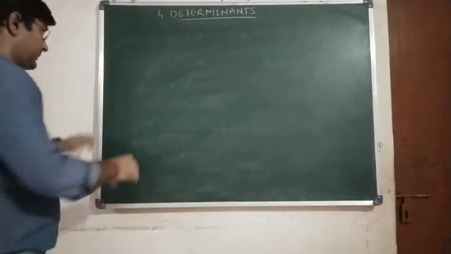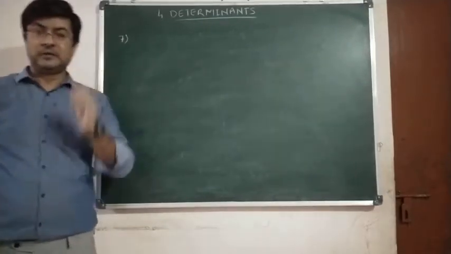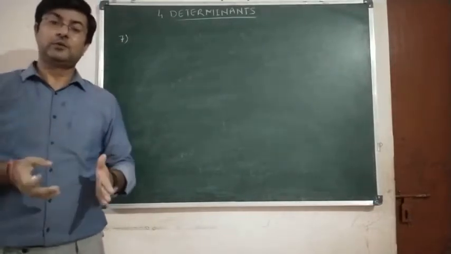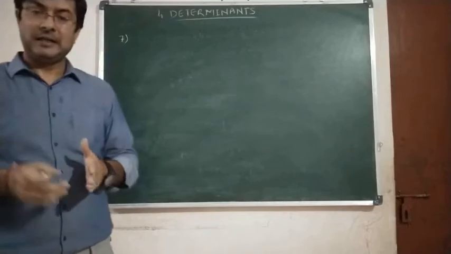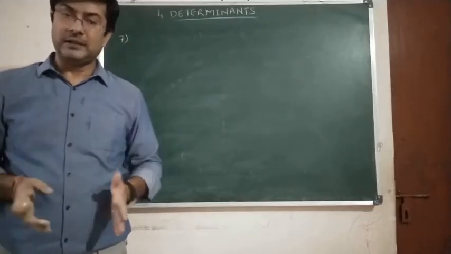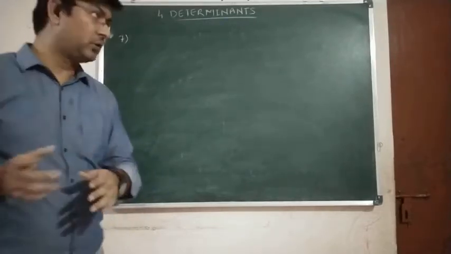Okay, what is property number 7? If each element of any one row or column can be expressed as a sum of two or more elements, then the determinant can be expressed as a sum of two or more determinants.